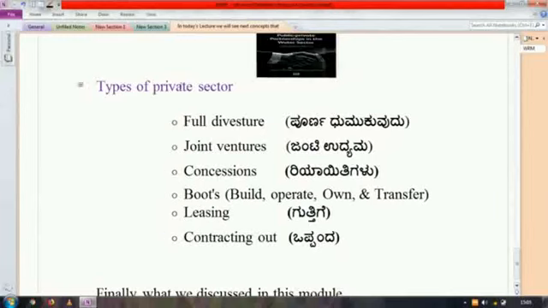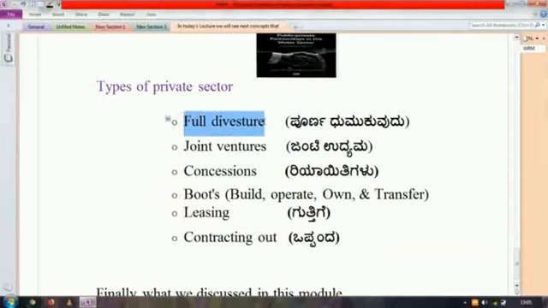The private sectors listed here take a major role in the legislative framework which is made in the water supply systems or water resource management system. Full divestiture says the transfer of all public assets through sales, in which case the private sector obtains full responsibility of the water supply network, facilities and operations.